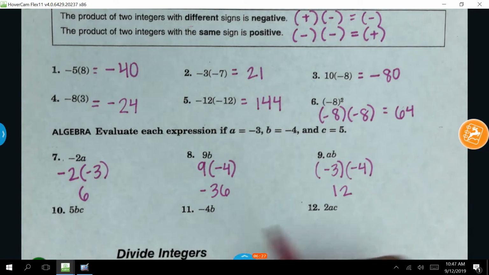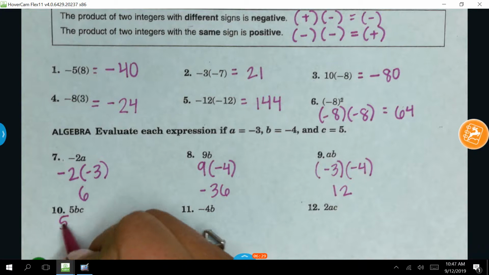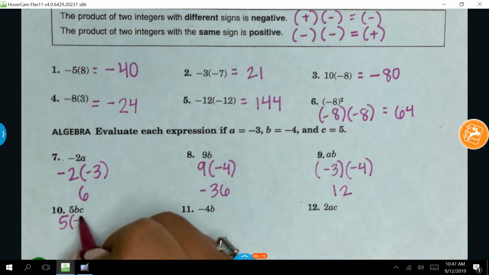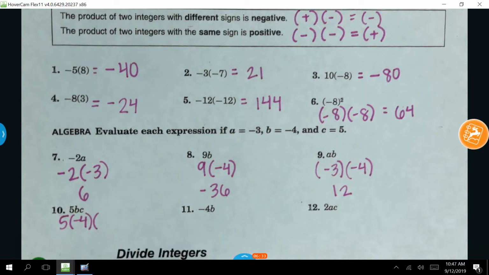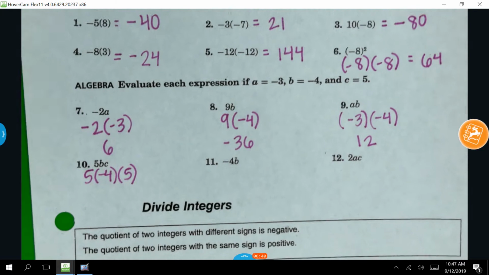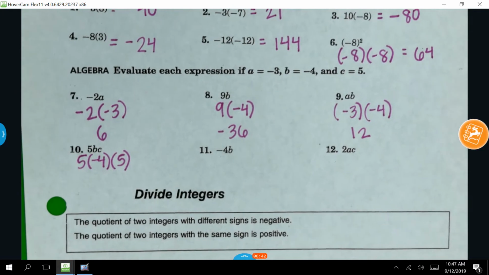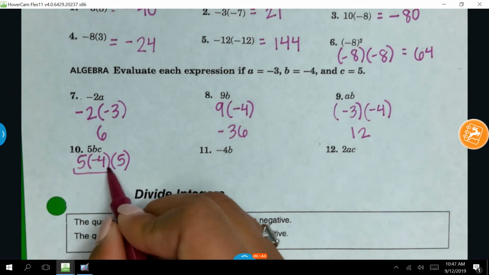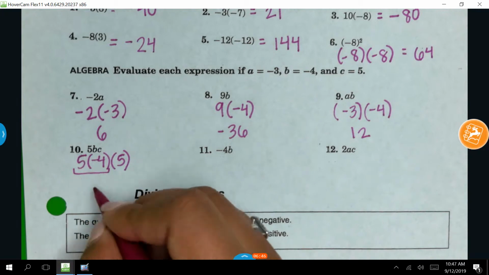And number 10, I've got 5 times B times C. So that is 5 times -4 times 5. So now I have 3 numbers, so I can just multiply the first 2 numbers. What is 5 times -4? -20.